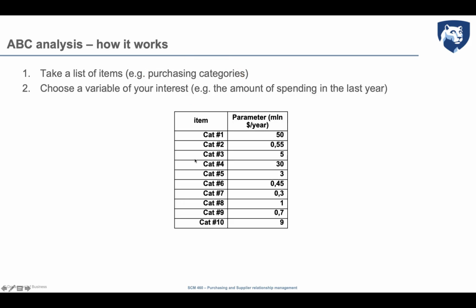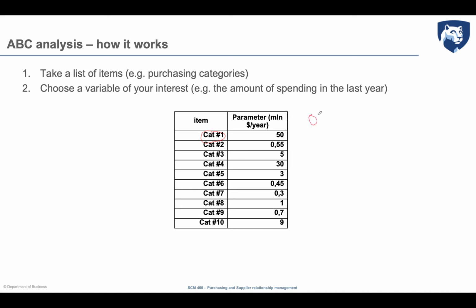Second step, the categories need to be classified and analyzed in light of a specific variable. What do I want to use to establish priority and categorize the categories? There are different parameters that you can consider. For example, the amount of spending in the last year, so how much I have spent for each category. But this is not the only one.